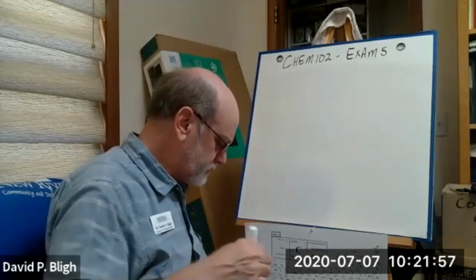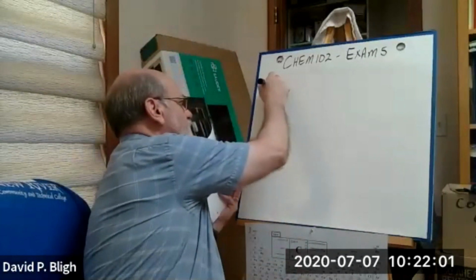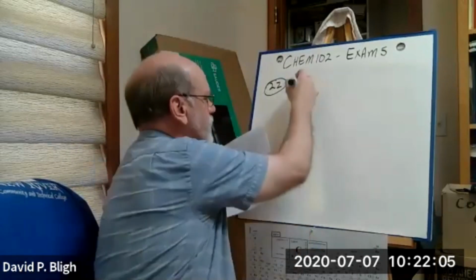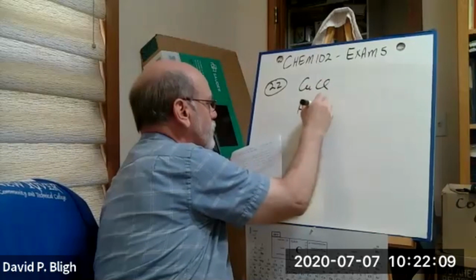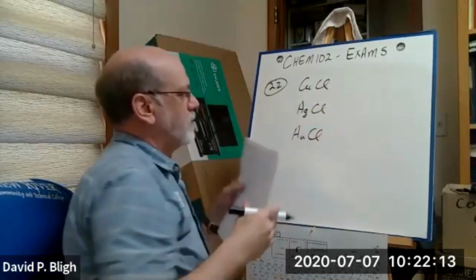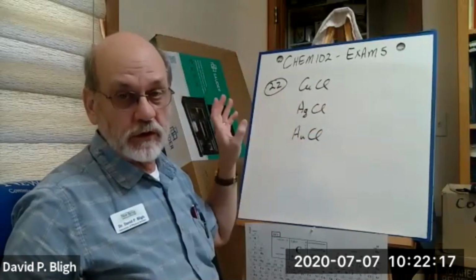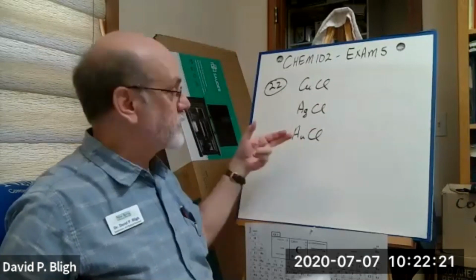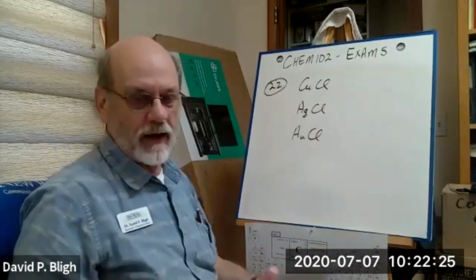Actually, 22 is simpler than you might suspect, because copper chloride, silver chloride, and gold chloride all produce the same number of ions in solution. So we can do a direct comparison of their KSPs and tell you which one's going to precipitate first as you titrate with chloride ion.